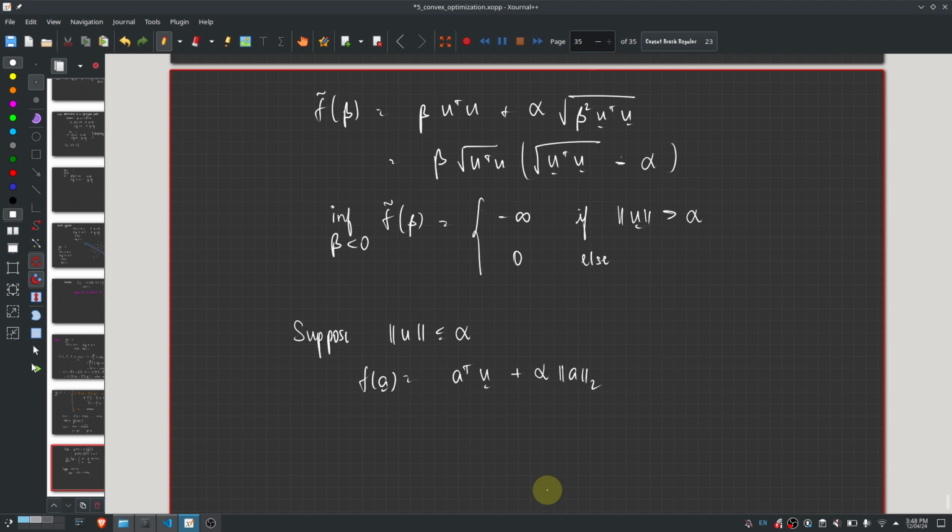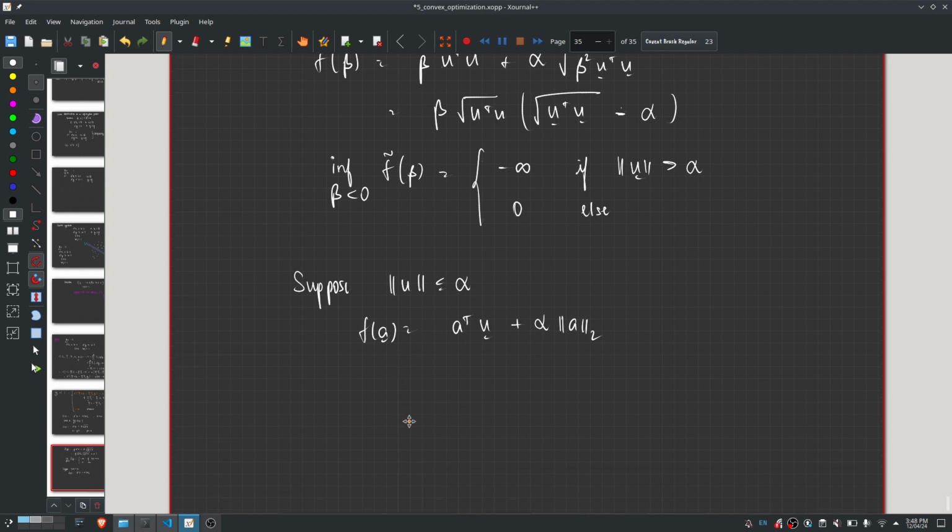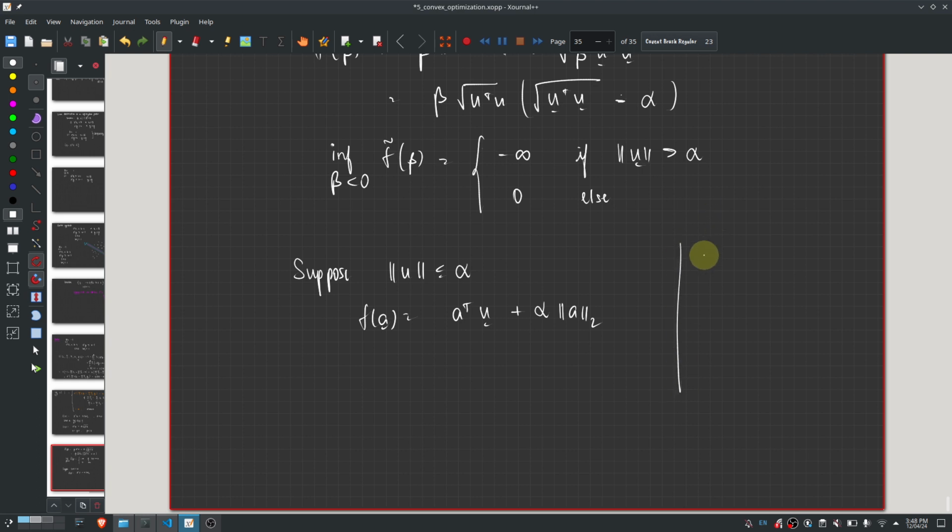I'll use the Cauchy-Schwarz inequality on a transpose u. What does the Cauchy-Schwarz inequality say?